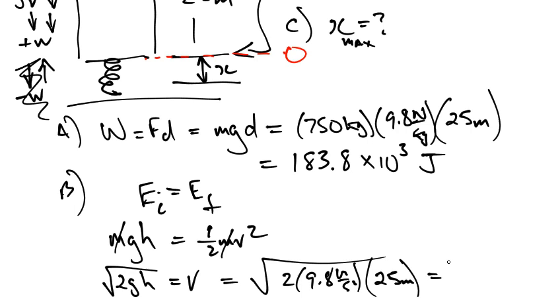And that's going to give me 2 enter 9.8 times 25 times, and then take the square root, which is equal to 22.1 meters per second.